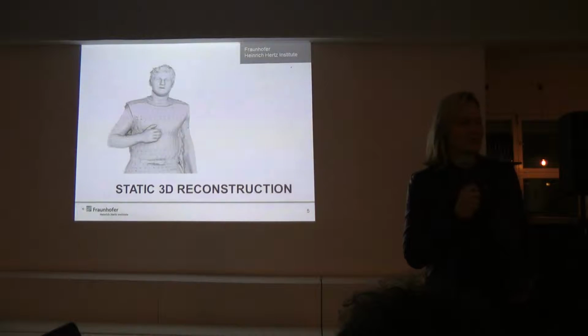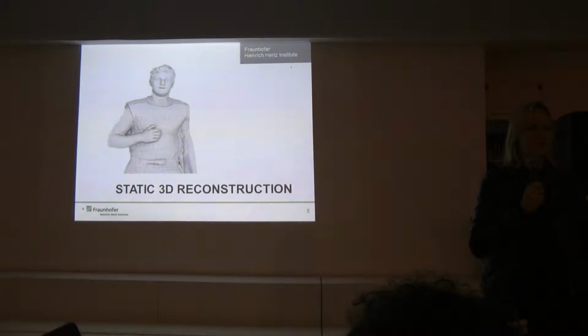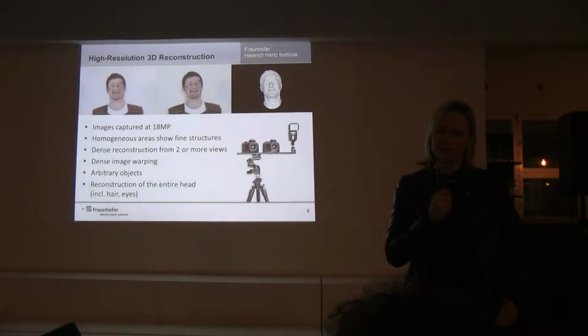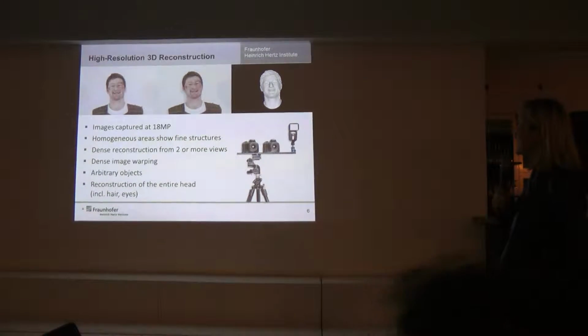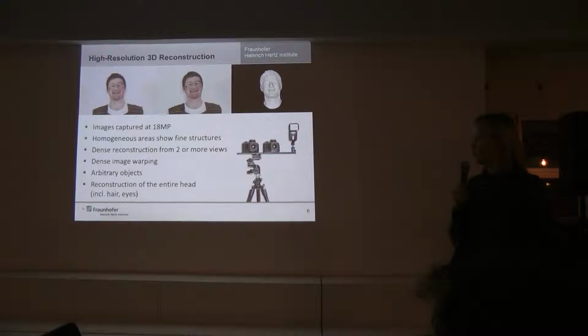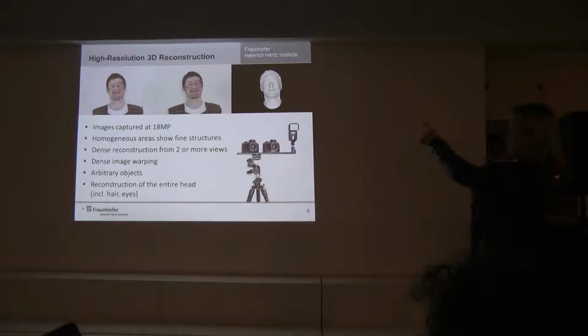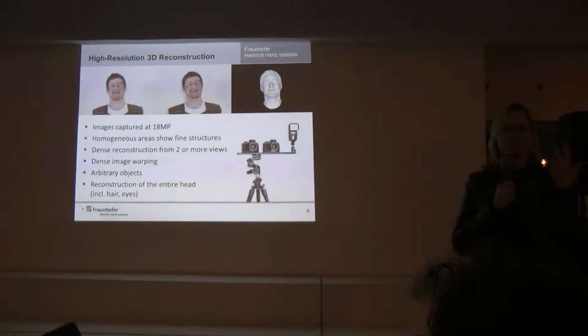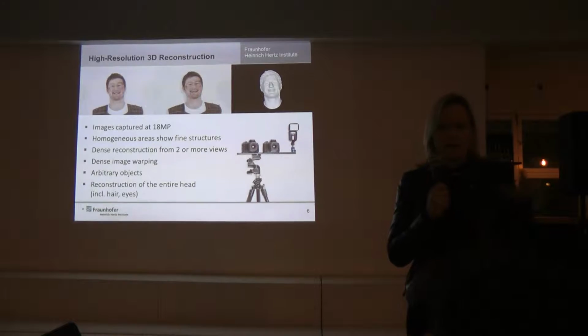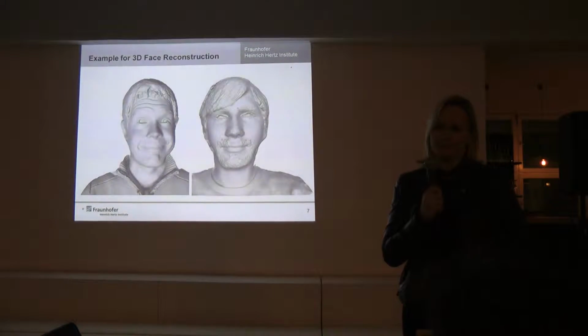So that is based on two photos, and you combine this and get a 3D reconstruction of one object. So here you see, click more, please. Thank you. So what you see here, you could have two or even more views to get this face as a reconstruction. You see the entire head, and you see hair and the beard and so forth.